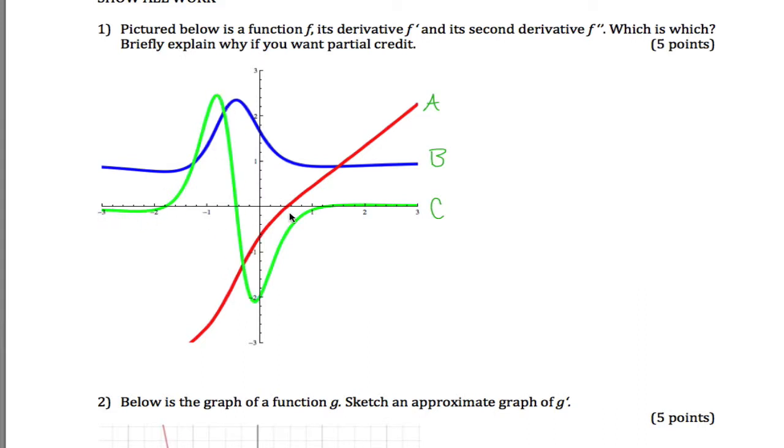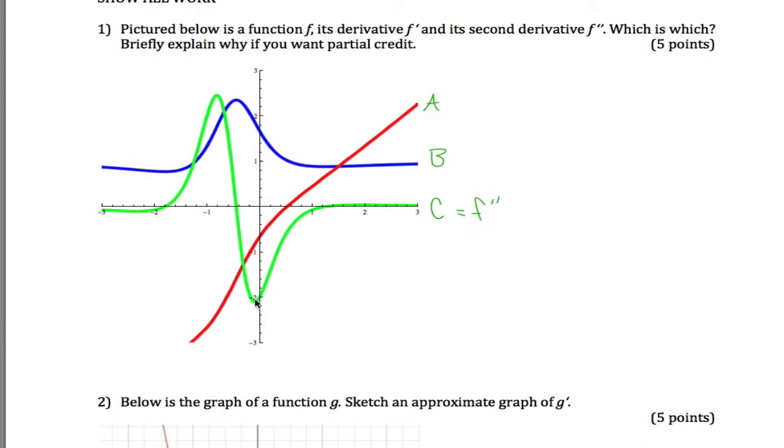It also looks pretty flat over here and over here. So the height better be 0 at a lot of different places if the graph of the derivative of this green thing is shown. Well, blue doesn't have a height of 0 right here, and red doesn't have a height of 0 right here. So what that tells me is that the derivative of this thing C is not pictured. If the derivative is not pictured, C can't be f or f prime. In other words, C must be equal to the second derivative.